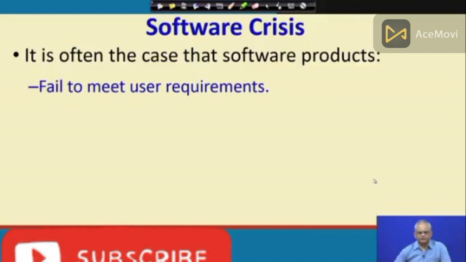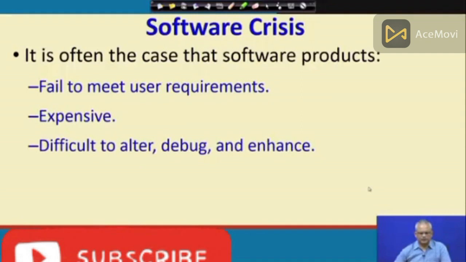Software is delivered and then the users feel that it is not what they wanted. Software is expensive, much more expensive than hardware, and every year the difference between software and hardware prices has been increasing. It is difficult to make any changes to the software, to debug. If a problem is reported, it takes a long time to correct it. Sometimes the bugs cannot be corrected, and it is difficult to enhance and add new features.